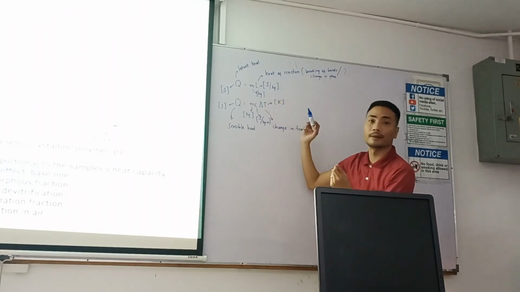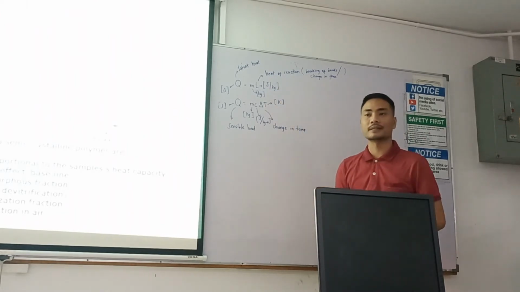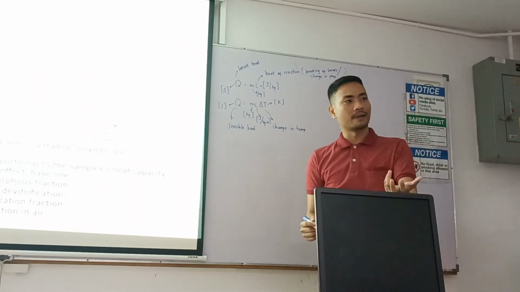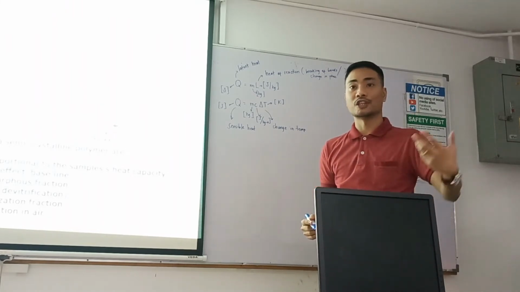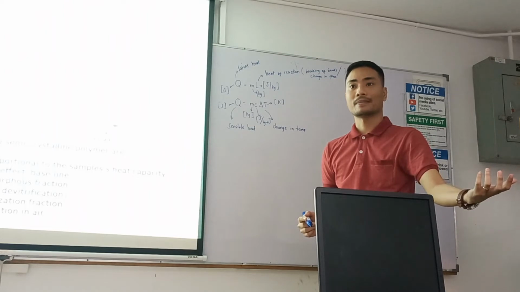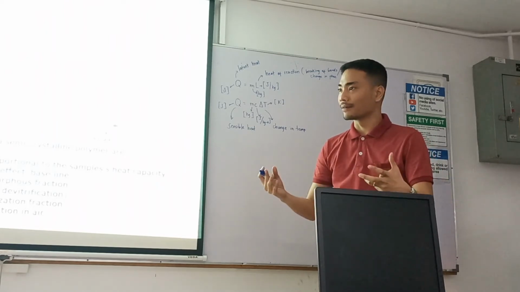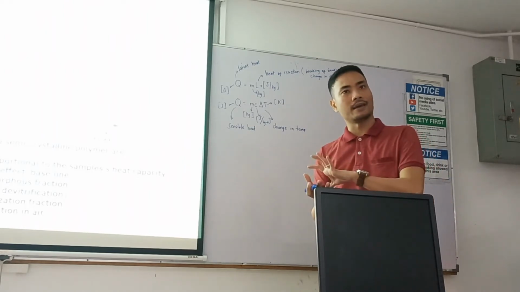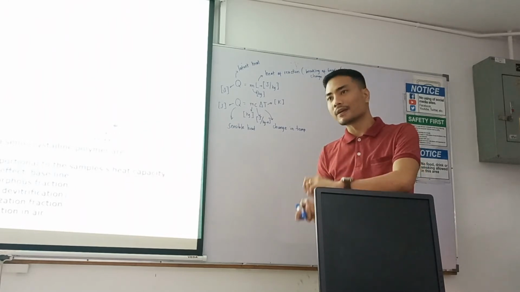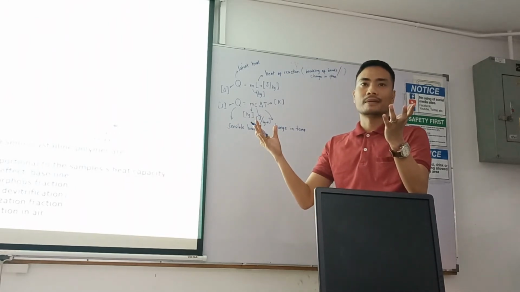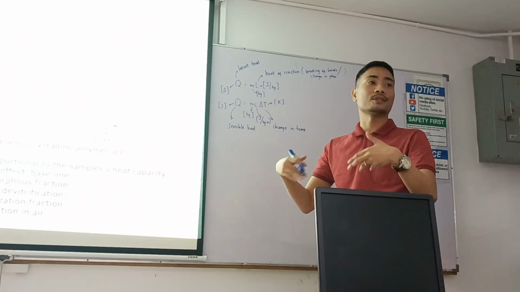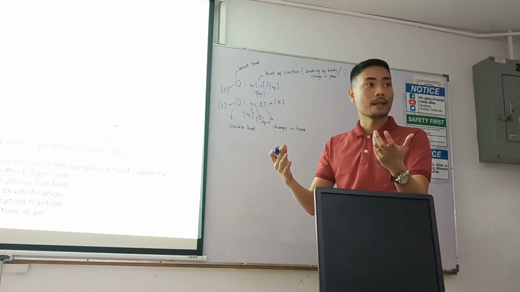So, what about L here? Heat of reaction. That is naman the resistance of what? Of a material or substance to a change in phase. Mas matagal siya magbago ng phase, o mas matagal siya mag-liquefy, mas matagal siya mag-evaporate. Ibig sabihin nun, mataas yung heat of reaction.